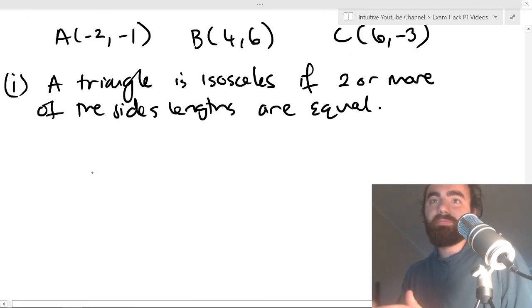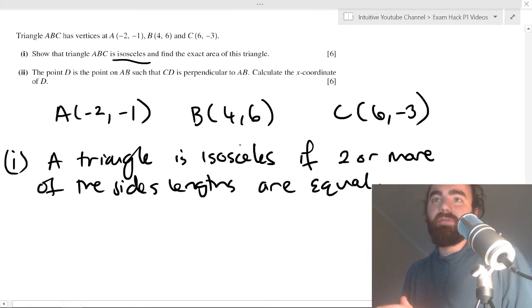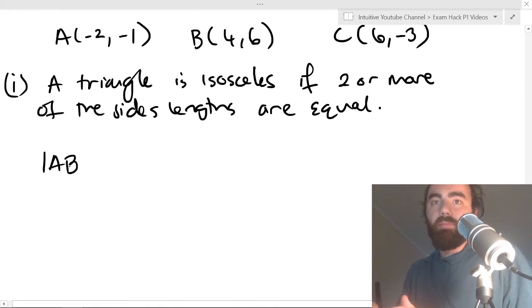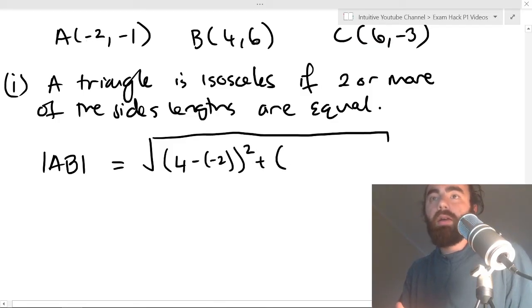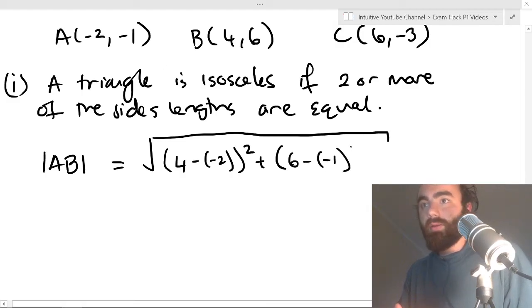Okay, so let's just find the lengths of these sides, like the length of AB. Well, this is going to equal the square root. Remember, this formula is on your formula sheet, and watch my recent video, geometry, the exam hack for the geometry question. This is equal to the square root of 4 minus -2 squared plus 6 minus -1 squared.